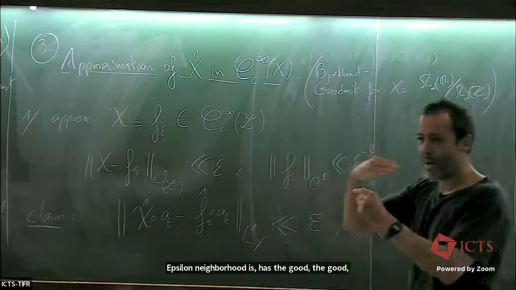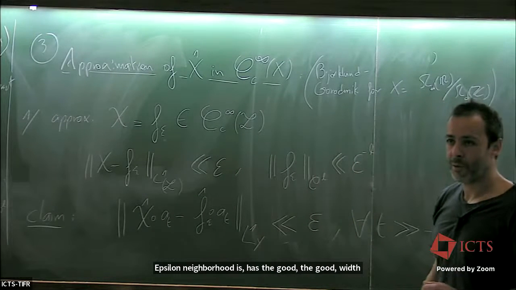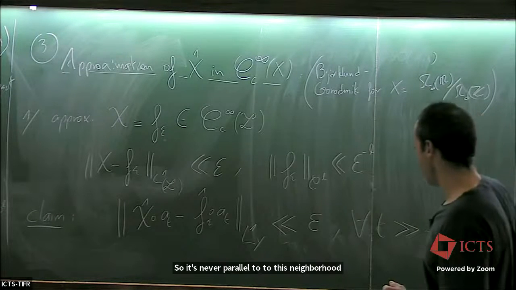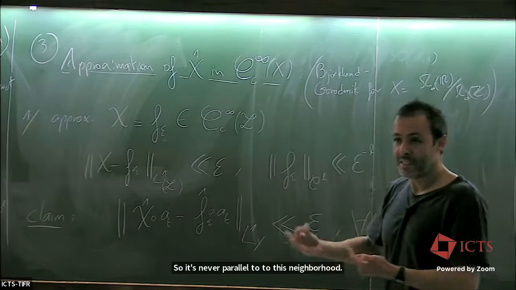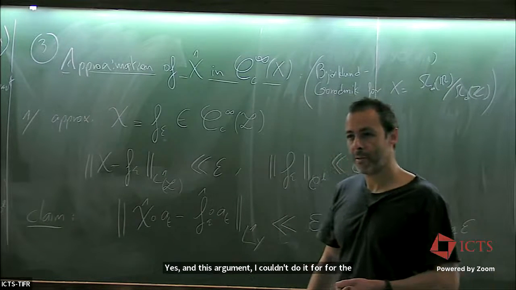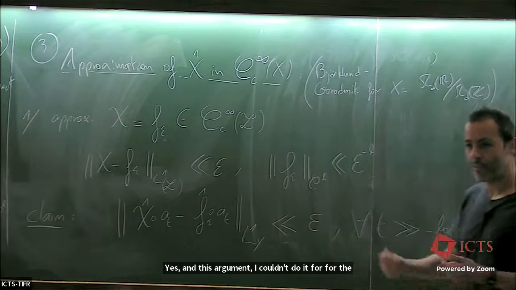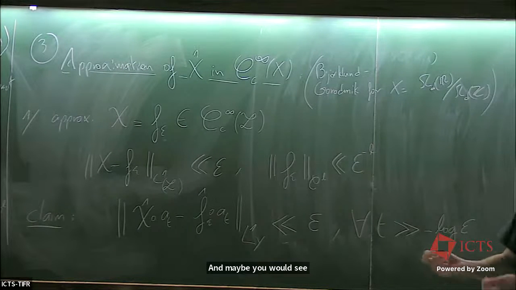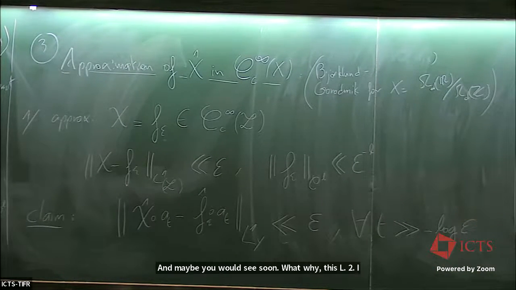So it's never parallel to this neighborhood. This argument I couldn't do for the L2 norm, and maybe you will see soon why. The L2 norm of the Siegel transform is problematic here and also in the next approximation.